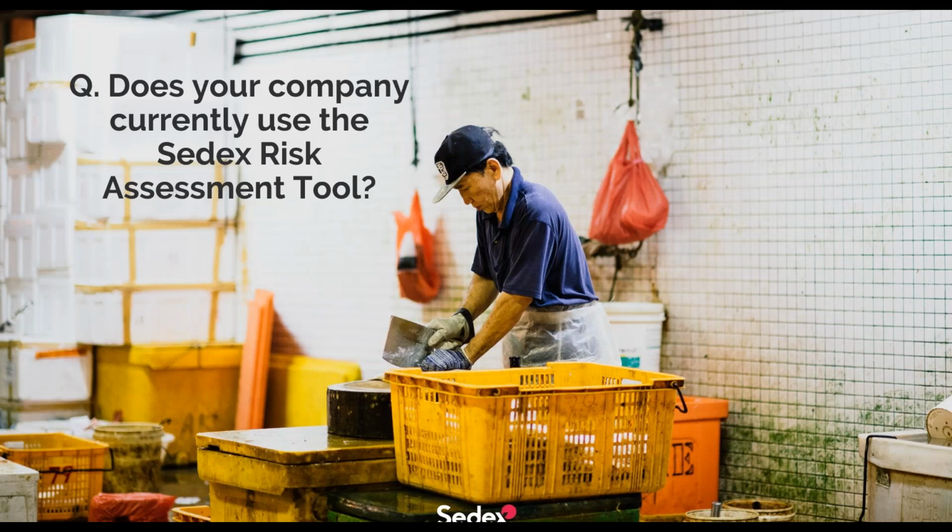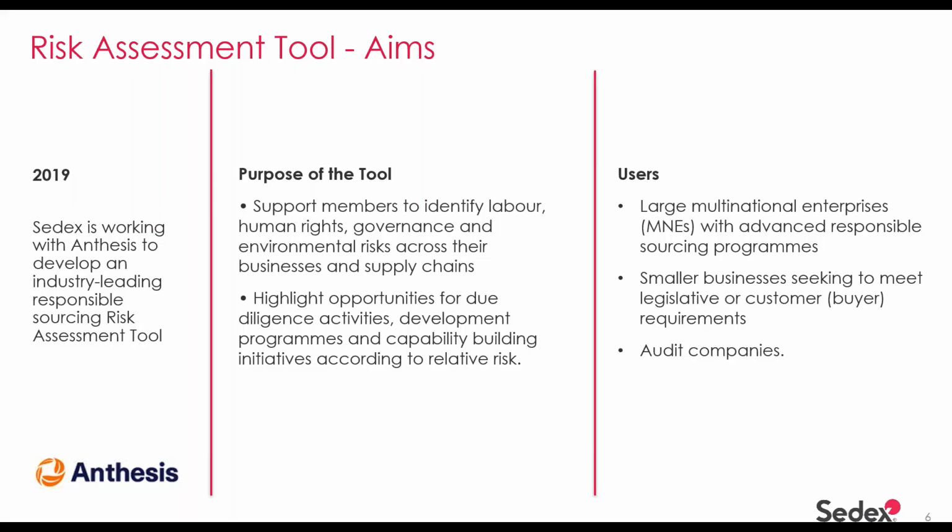Fantastic. Okay, moving on. A quick recap of what we have been doing. Tom, collaborating with Anthesis and Ergon Associates as well, has been working hard over the last year or more to develop an industry-leading responsible sourcing risk assessment tool.